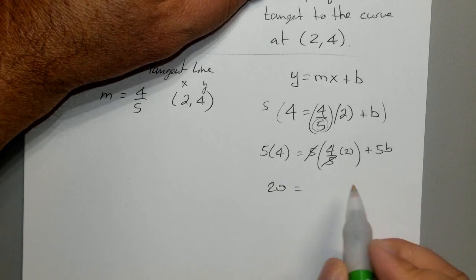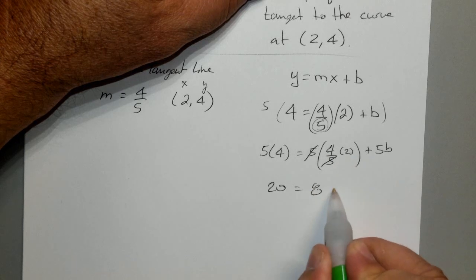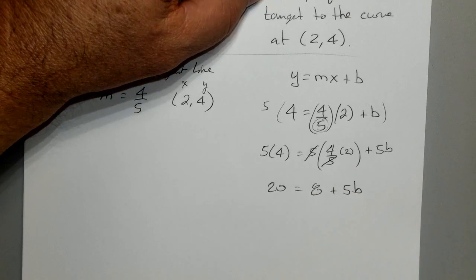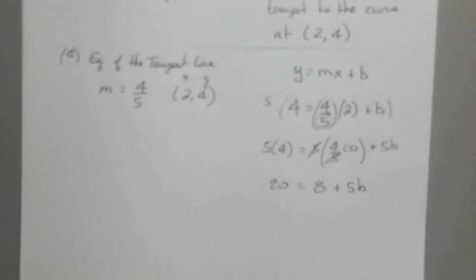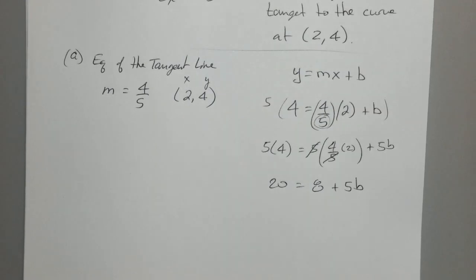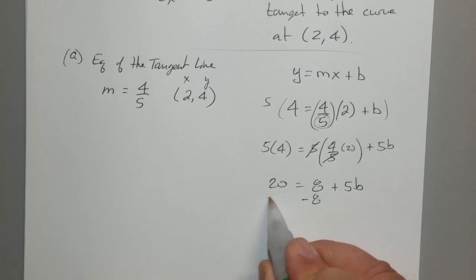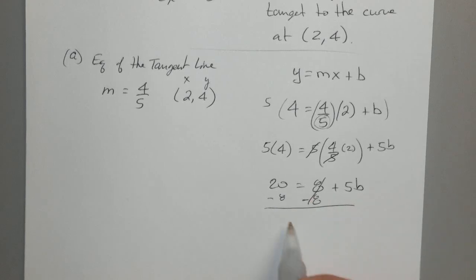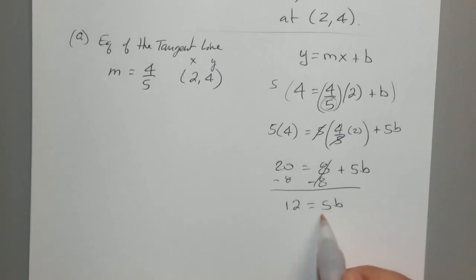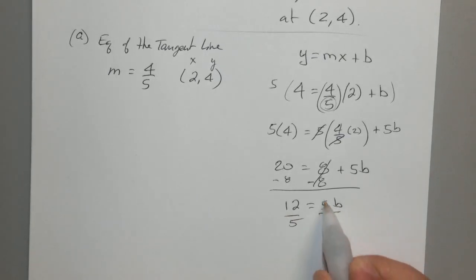The 5's cancel, so 4 times 2 is 8. That way you don't have to worry about finding the common denominator, adding, subtracting, and then worry about all that stuff. Get rid of the fractions first. If the answer is going to be a fraction, it'll be there at the end. Subtract 8. And divide by 5. So my y-intercept is 12 over 5.